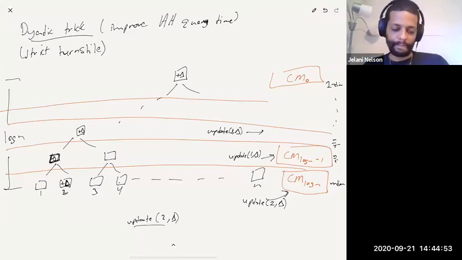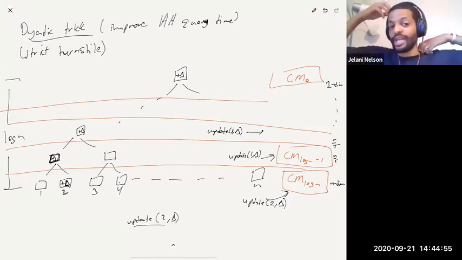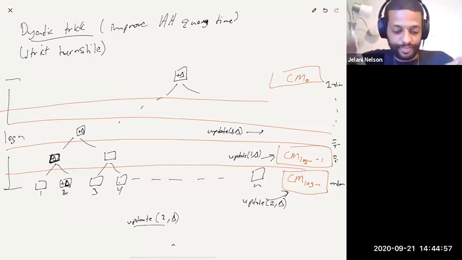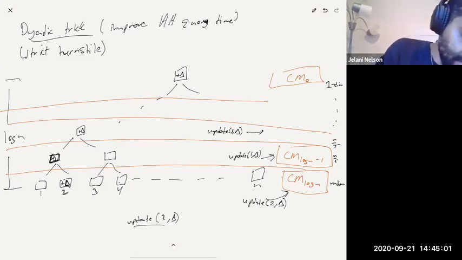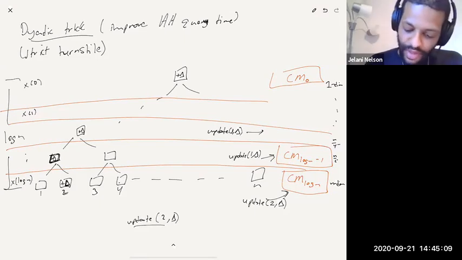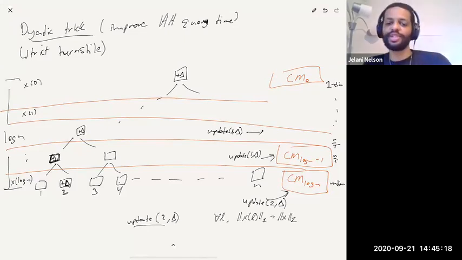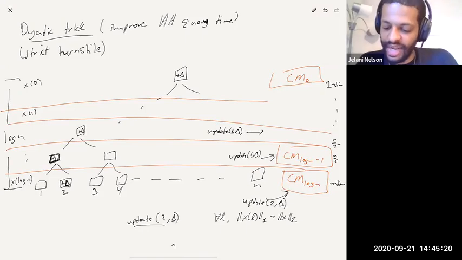Now I'm in the strict turnstile model. Remember, I'm in the strict turnstile model. So what does that mean? Let's call these vectors x0, x1, all the way up to x log n. First of all, notice that for all levels L, the L1 norm is the same. This is because it's the strict turnstile model: there are no negative entries, no cancellations.